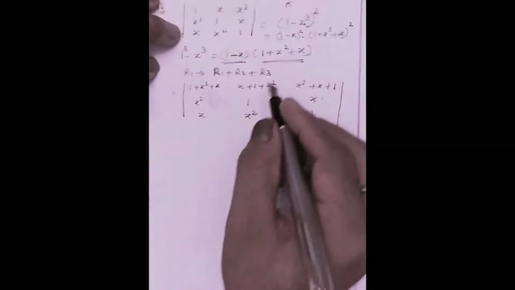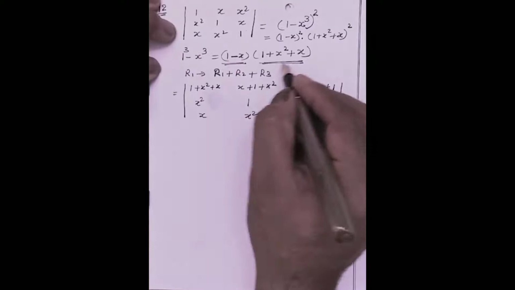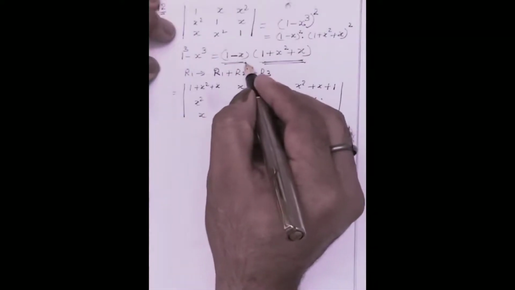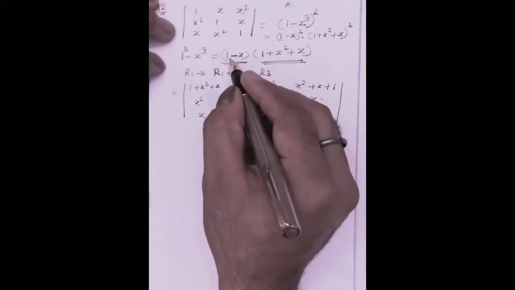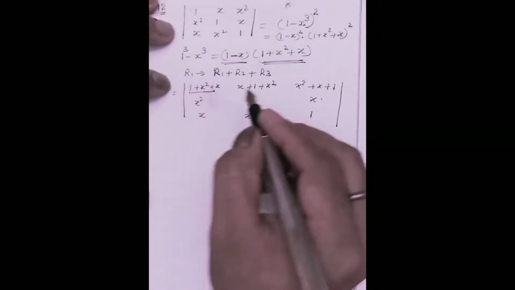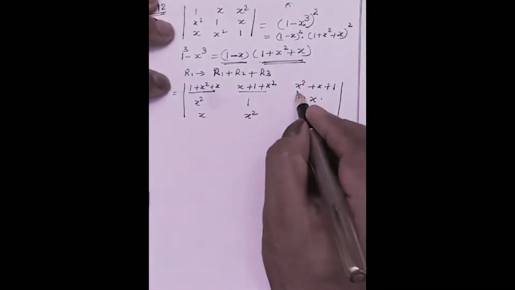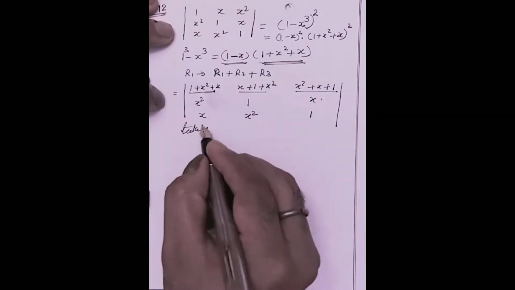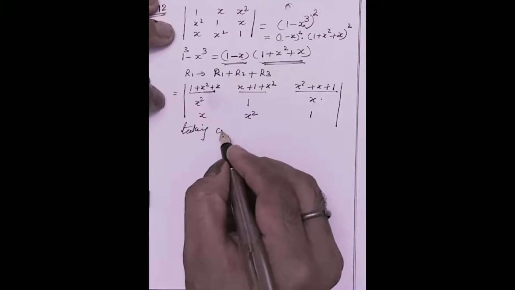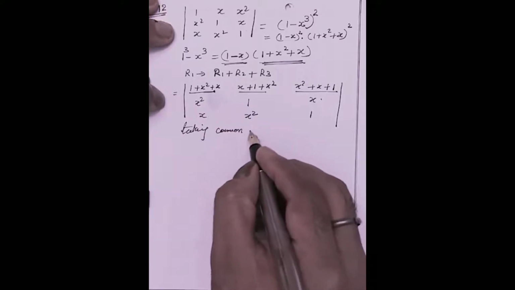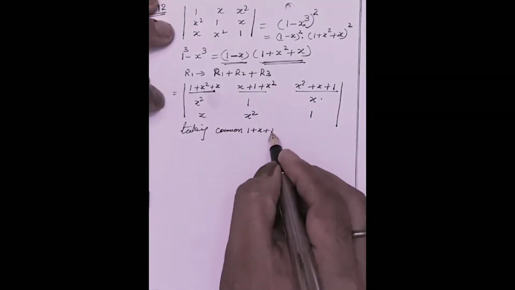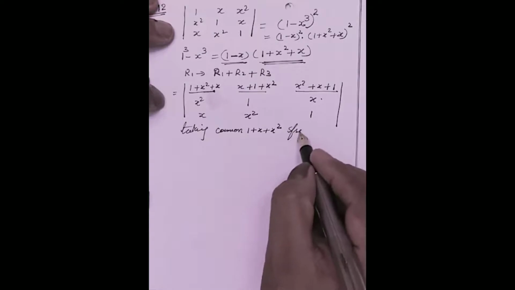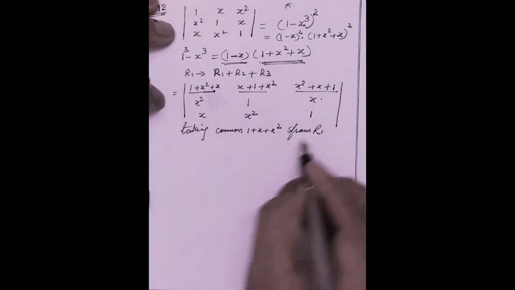Look here. What will happen? We will get one factor, and later we will think about the other, 1 minus x. Now 1 plus x square, 1 plus x plus x square, 1 plus x plus x square, taking common 1 plus x square from r1.